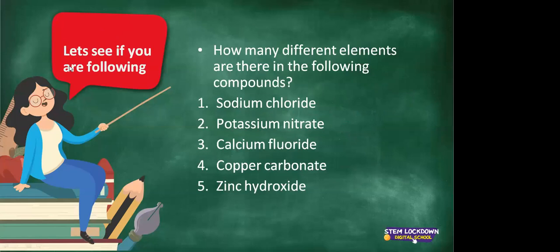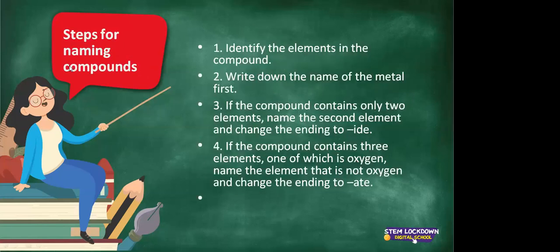Let's see if you are following me. How many different elements are there in the following compound? Sodium chloride. We've got 2. We said if the compound contains only 2 elements, the second element changes the ending to IDE.